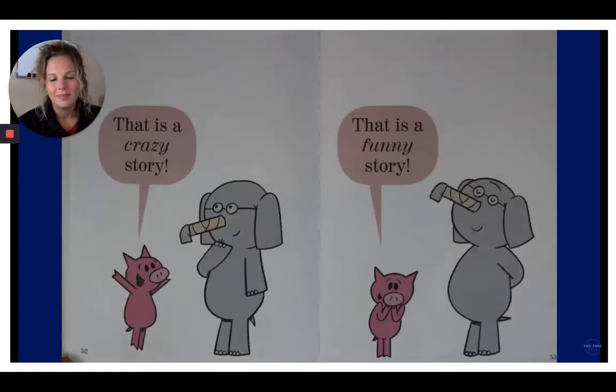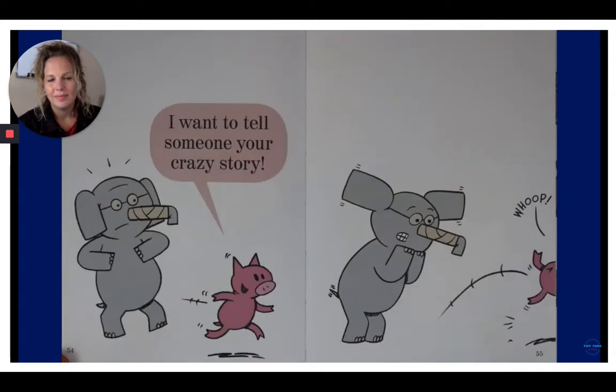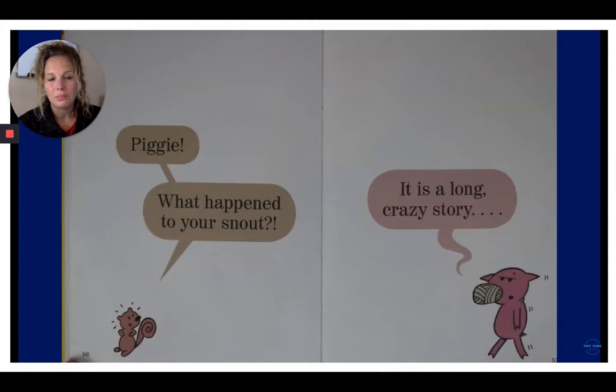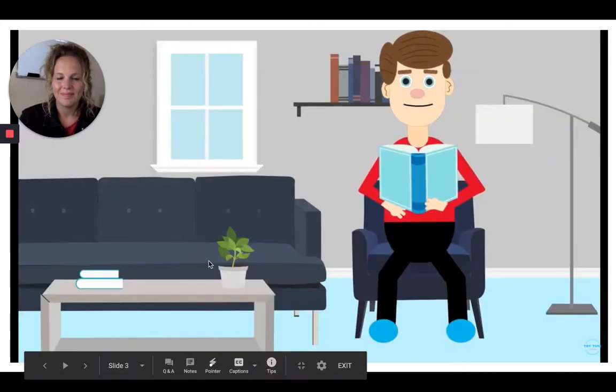That is a crazy story. That is a funny story. I want to tell someone your crazy story. Whoop! Piggy trips and falls. Piggy, what happened to your snout? It is a long, crazy story. The end.